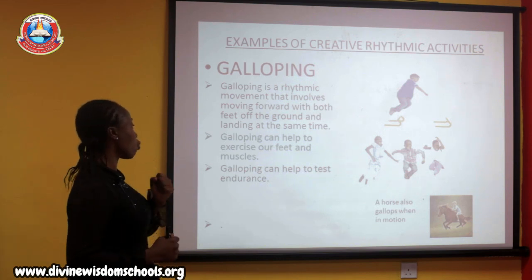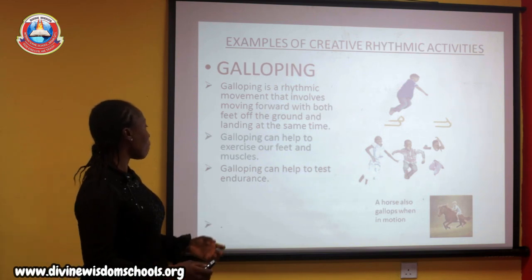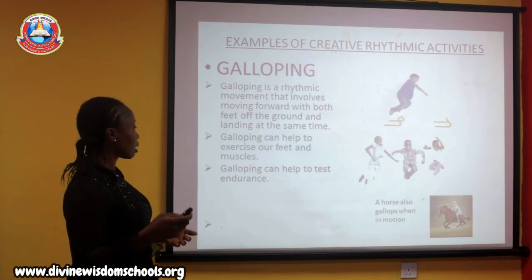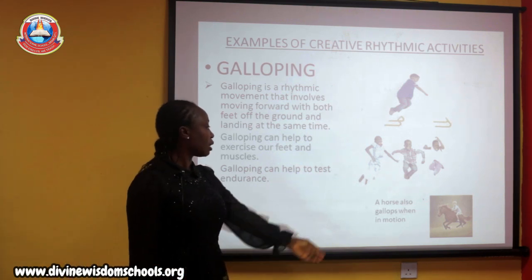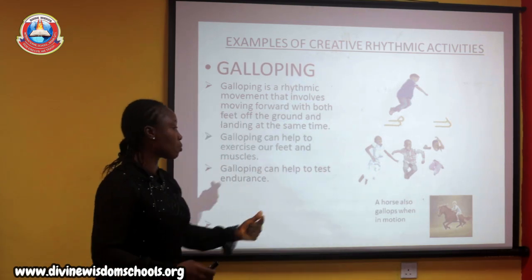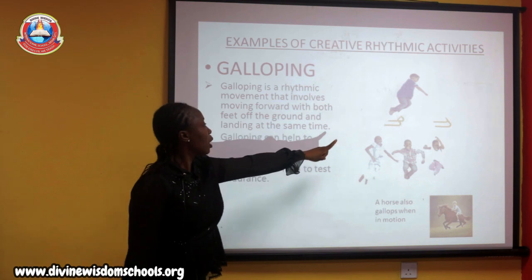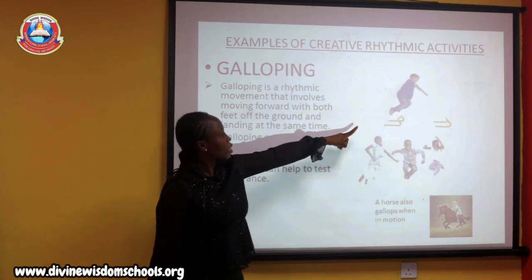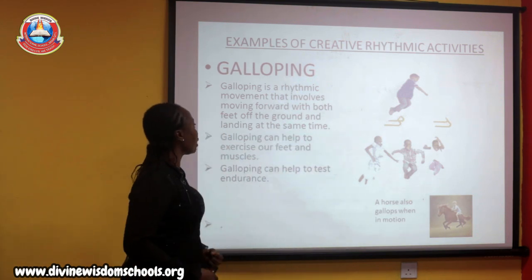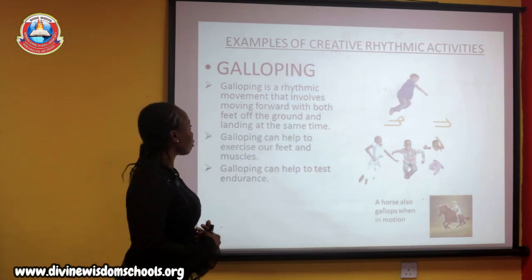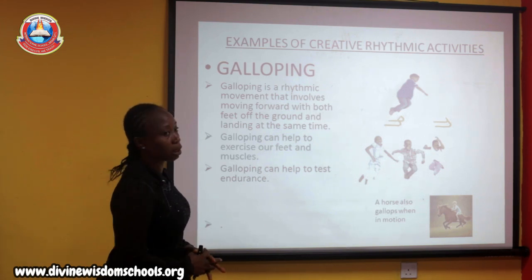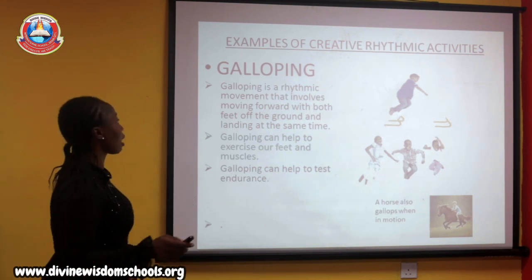It helps with our feet and the muscles. An example of an animal that gallops is the horse. From the picture you can see what galloping is all about. The boy is galloping. He's jumping with the 2 feet off the ground, and both feet land at the same time on the ground. That is galloping.